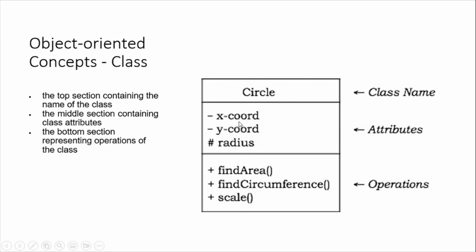It has the x coordinate, the y coordinate, and the radius. Next, the bottom section represents the operations of the class. So a circle will be able to help you find area, find circumference, and scale. Okay, so this is a class. Again, it has class name, attributes, and operations.